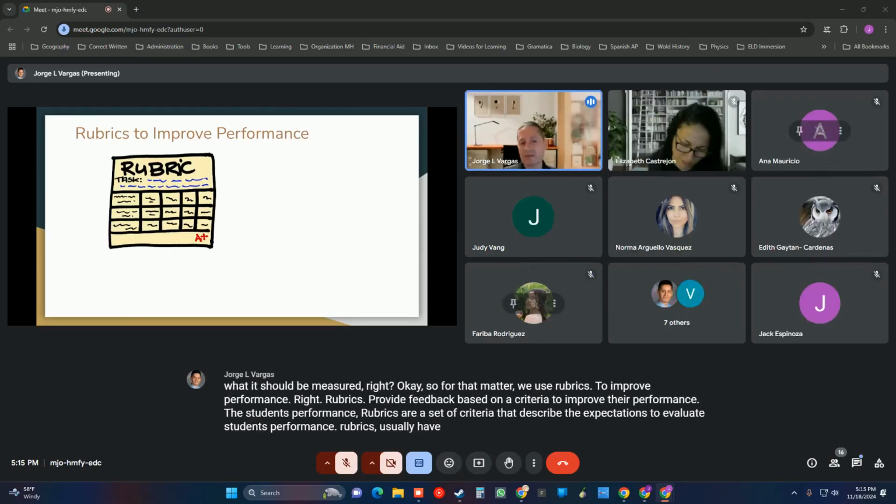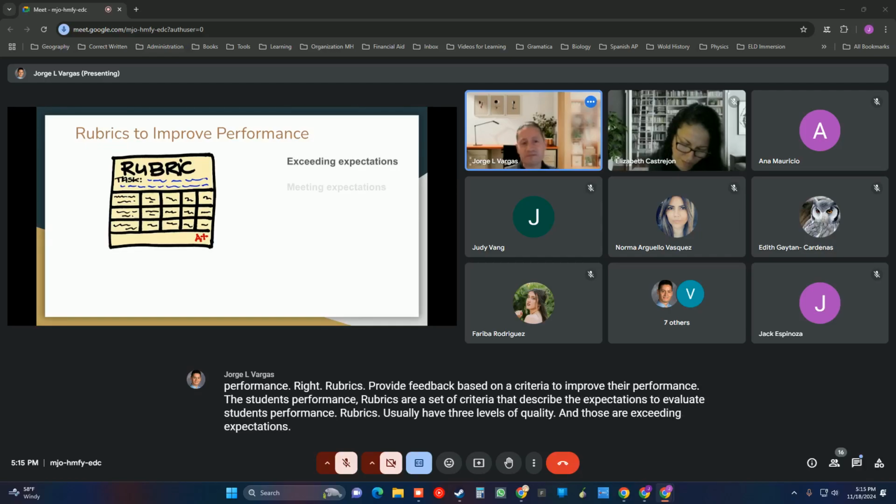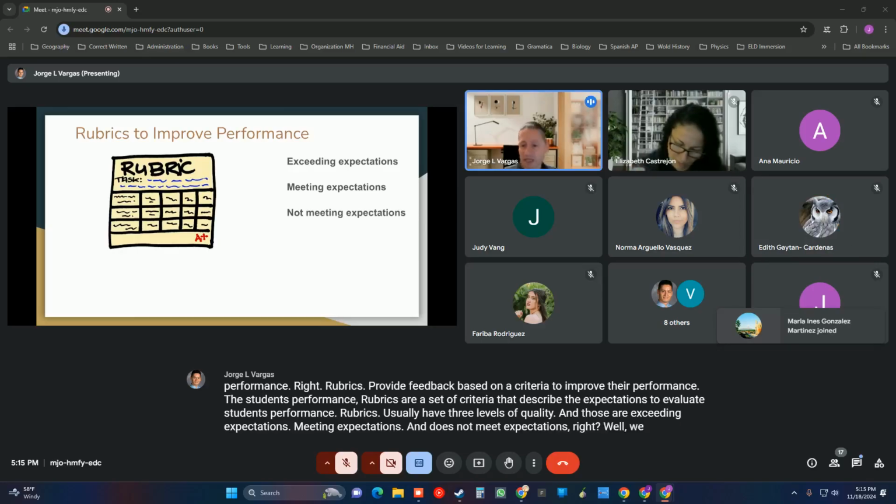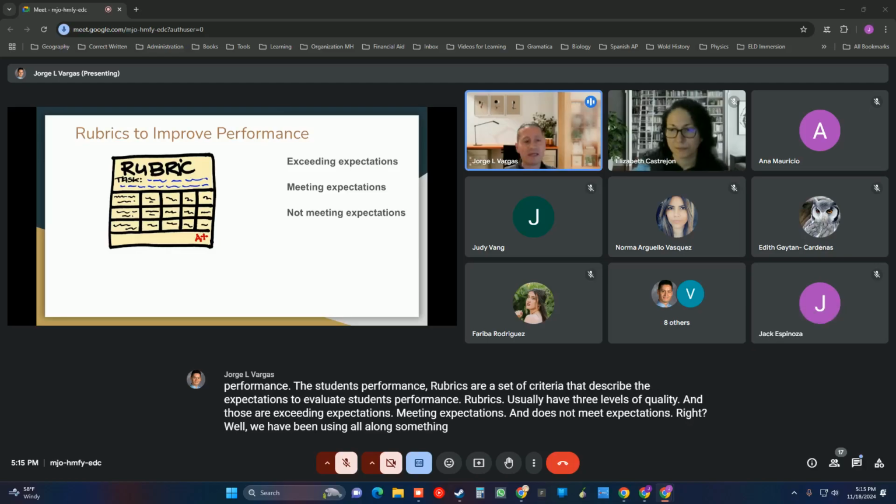Well-crafted rubrics describe the expected performance in words that are clear to students. We don't want to use very fancy words that the students are not going to understand.